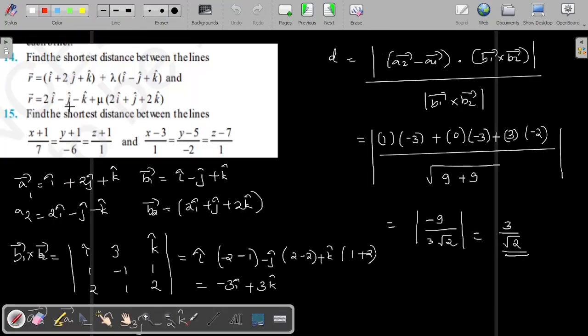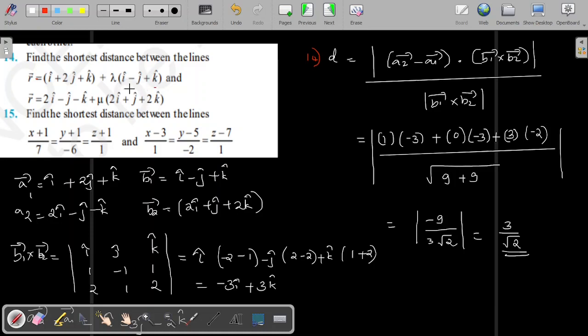Now here there are problems related to finding shortest distance between the two lines. See 14th problem. So it is given there, pair of lines given. You have to find out the shortest distance between these two lines. You have to check first, are these skew lines or are these parallel lines? So they are not parallel because the direction of first line and direction of second line are different.